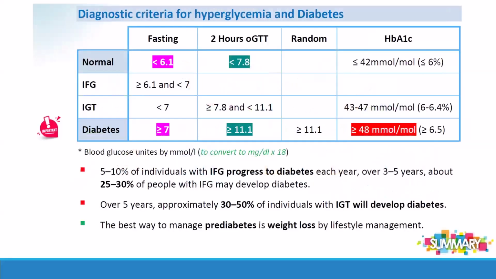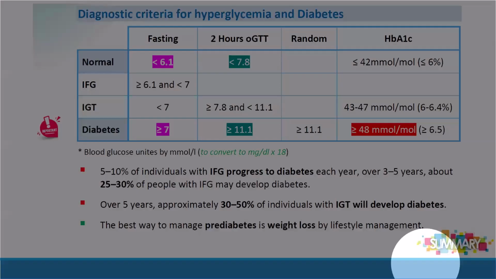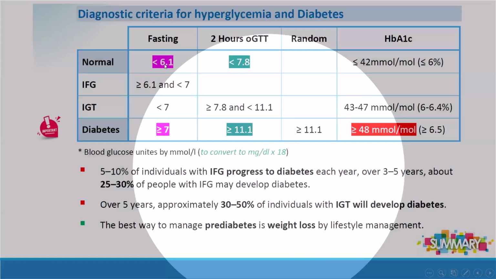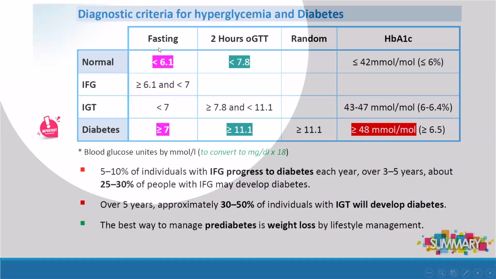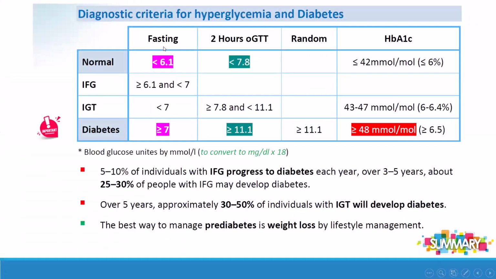It is very important to know the diagnostic criteria of diabetes mellitus according to NICE. All societies recommend diagnostic criteria regarding fasting blood glucose, 2-hour post-oral glucose tolerance test, random glucose, or hemoglobin A1C, and you need to be familiar with the cutoff points.